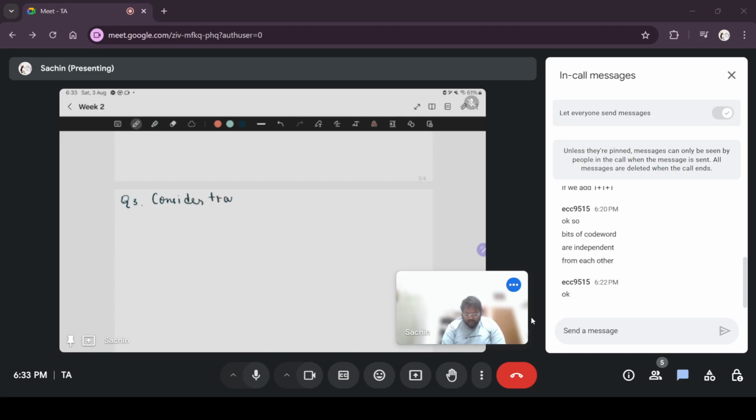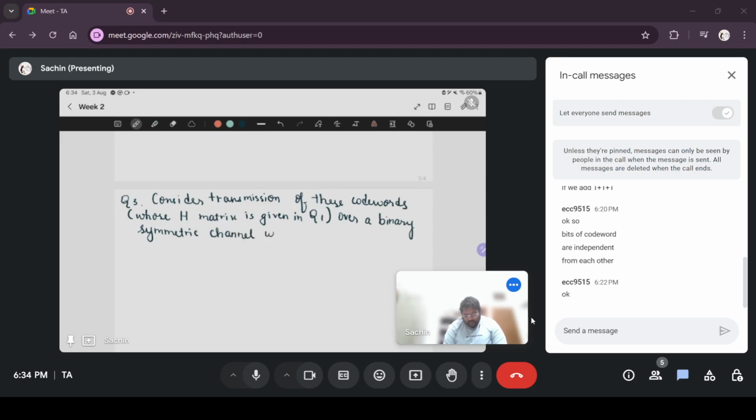Consider transmission of these code words whose H matrix is given in Q1 over a binary symmetric channel with crossover probability p equal to 0.1.